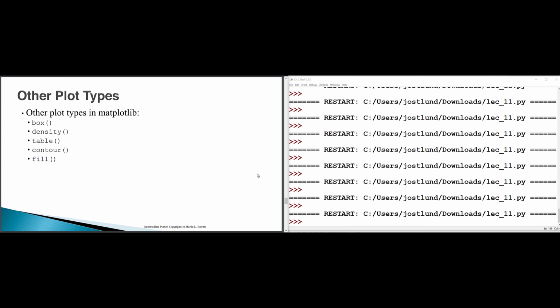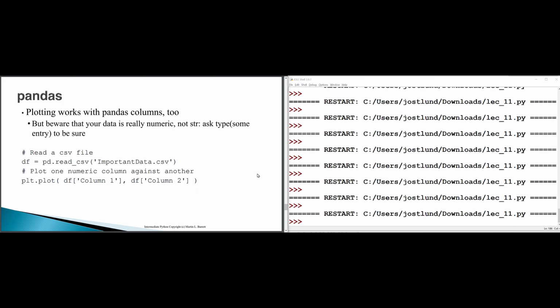So we have line charts, we have scatter plots, we have bar charts, we have histograms, pie charts, and we can create box charts and tables and contour plots and on and on.